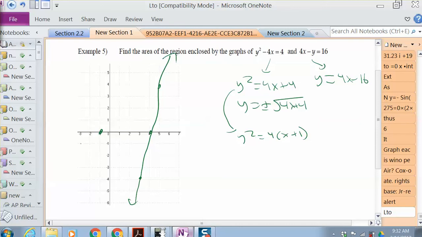If I plug 0 in for x, I think y is 2 or -2. If I plug in, I think 3 for x, y is 4 or -4. And you try to find the area enclosed by this.